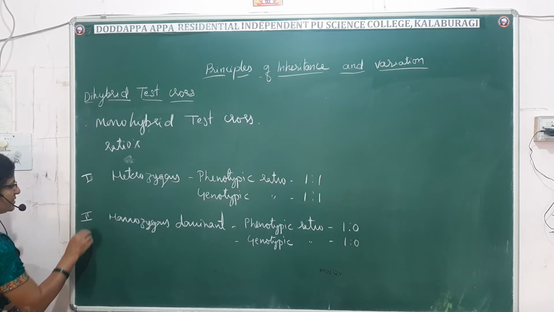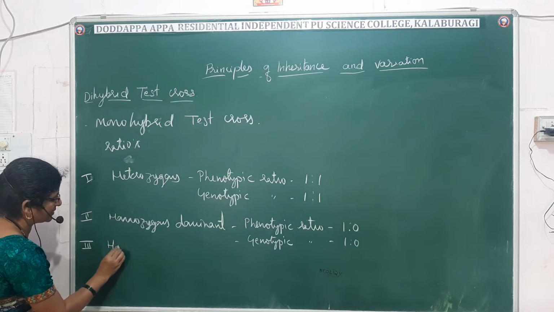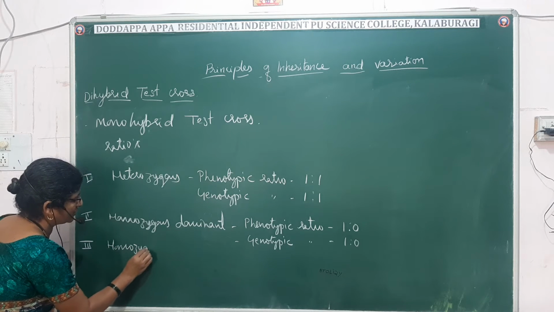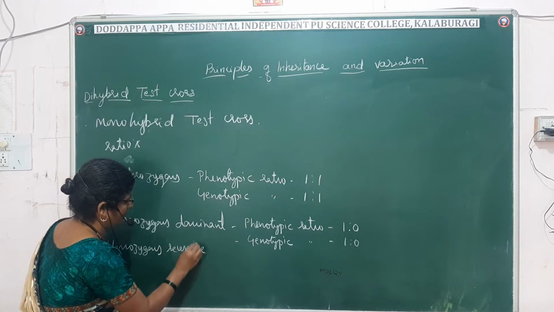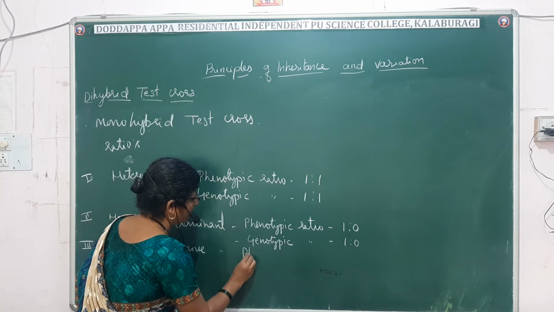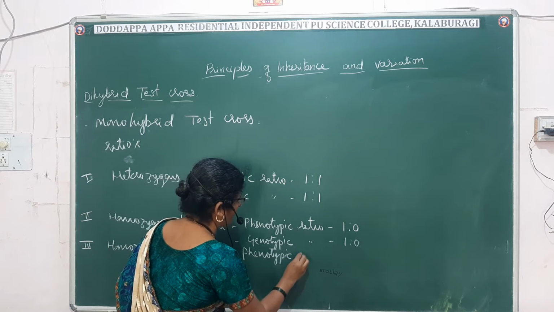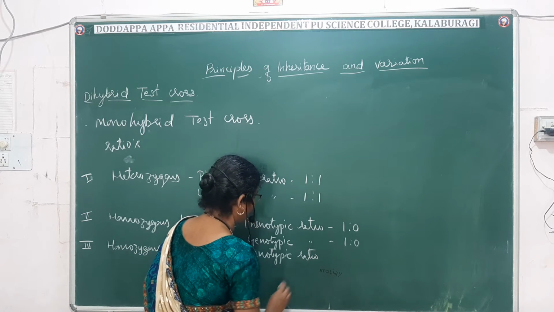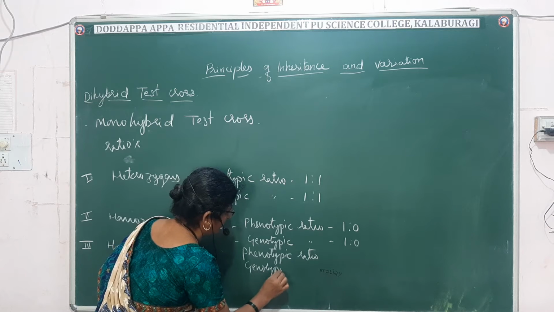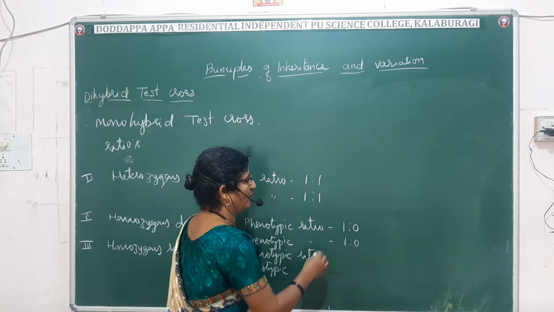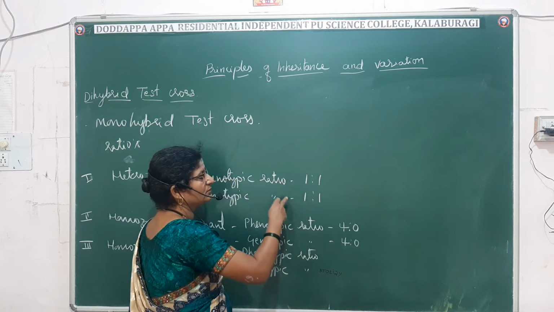Now the third case, if it is homozygous recessive, phenotypic ratio and genotypic ratio. Let me write 4, because here you will get 2:2.